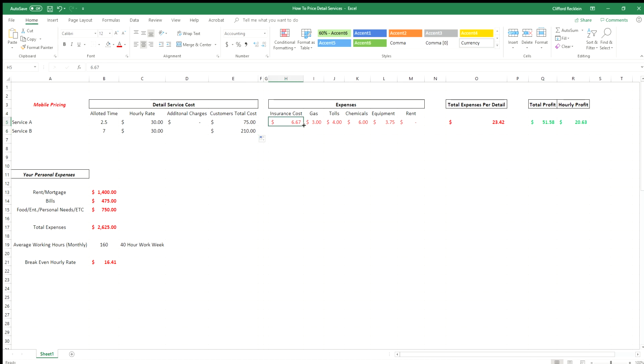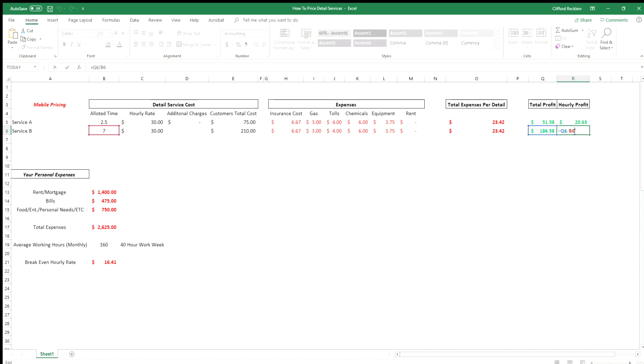And let's just say for the purposes of this example, we keep everything the same, right? So you'll see here that if we keep everything the same, we are profiting more per hour than we were before.